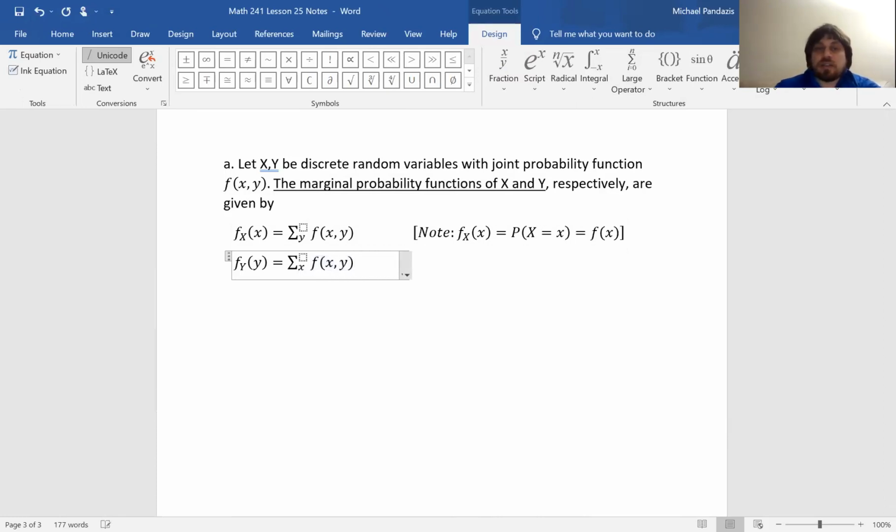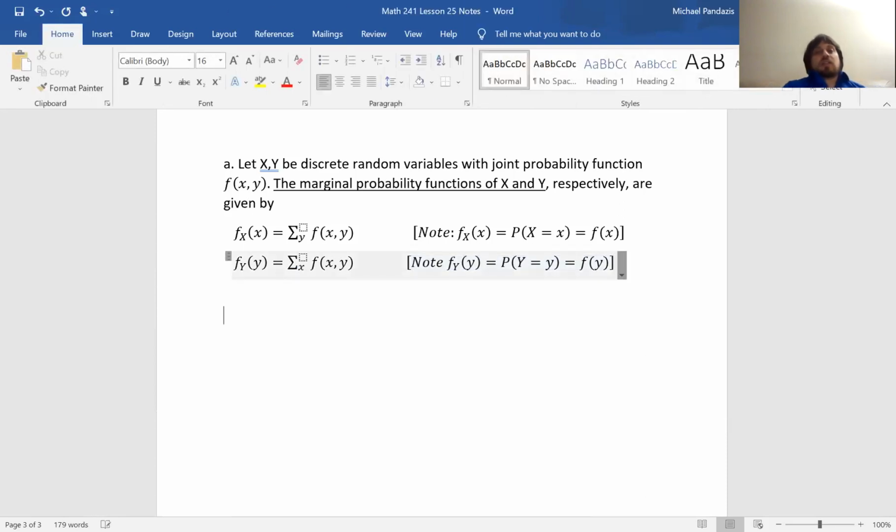Okay, and note that f sub Y of y is equal to the probability that Y is equal to some little y, which equals f of y. So finding f sub Y of y is the same as summing over all possible values of x of f of x comma y.